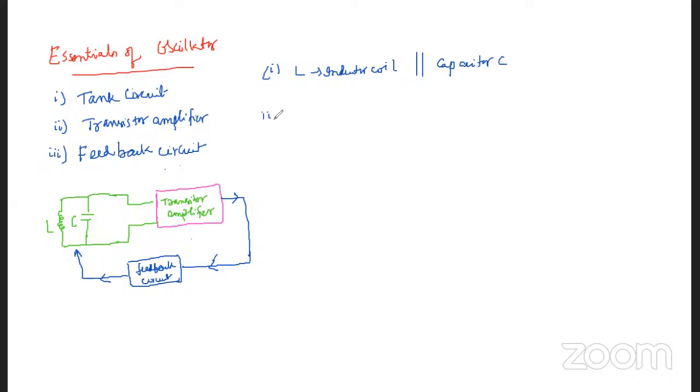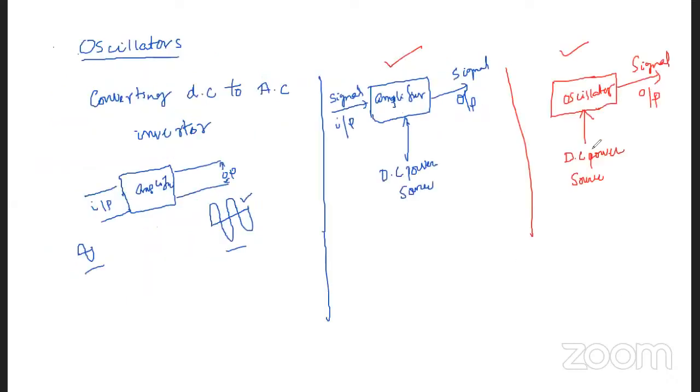And the second one which we have is the transistor amplifier. Here this transistor amplifier changes the DC power received from the battery into AC power. DC power we have already seen in the previous one, which will be connected here.